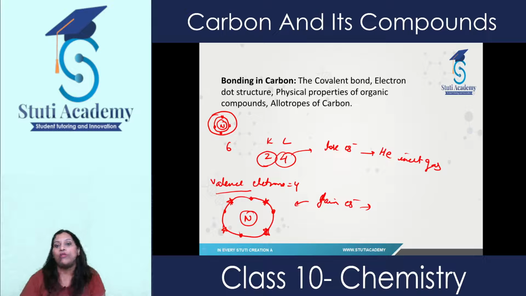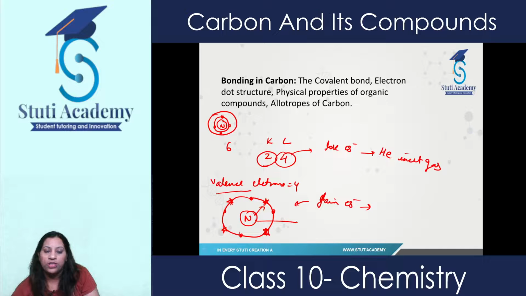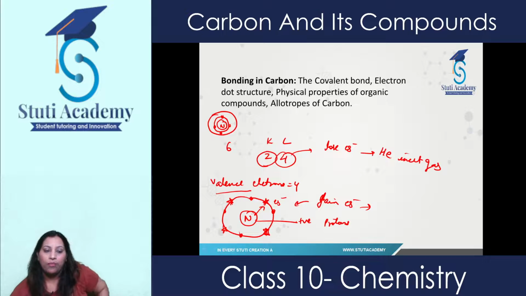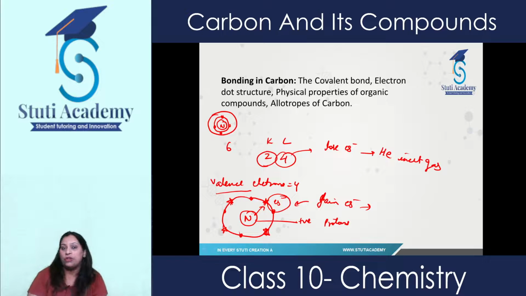The nucleus present in the center of this carbon atom is extremely small in size, and there is an attraction between this nucleus and the electrons, because the nucleus contains positive charge due to the presence of protons and electrons have negative charge. As a result, there is a very strong force of attraction between them, and we need a tremendous amount of energy to overcome it.